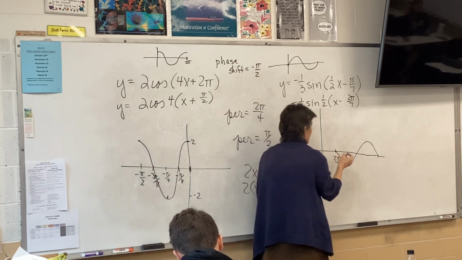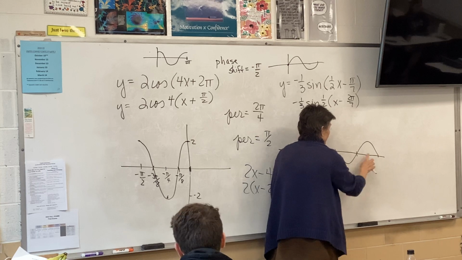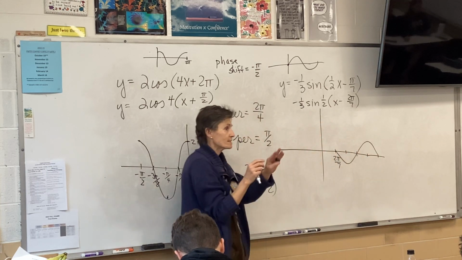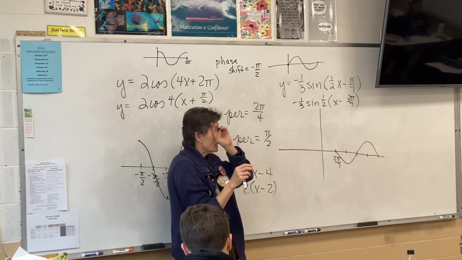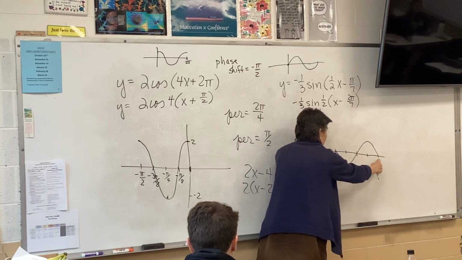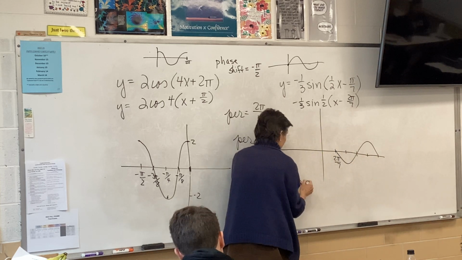Now, you need to label, of course, the 0. You have start and end, 0 in the middle, and then the minimum and the maximum. Those are your 4 sections you have to label. In order to do that, I really need to know the length of the curve. I need to know the period.